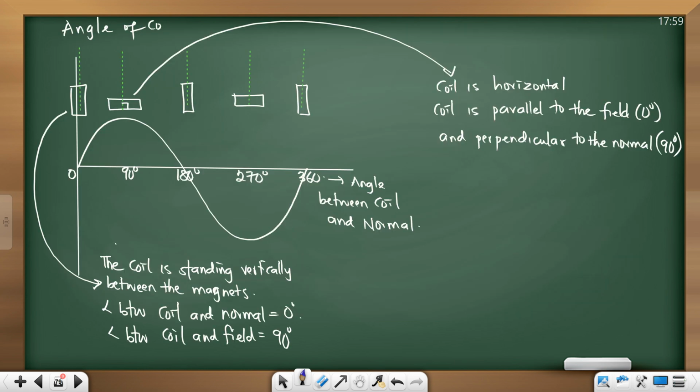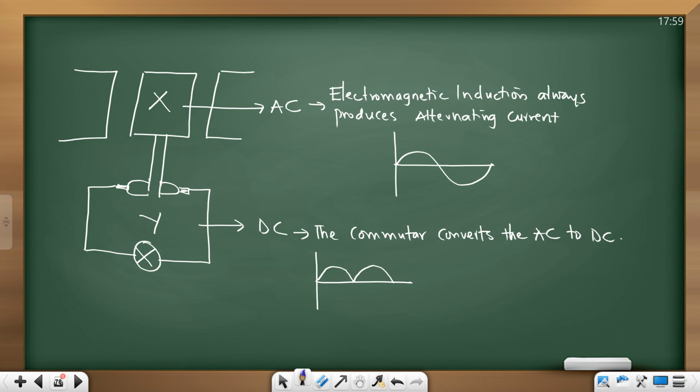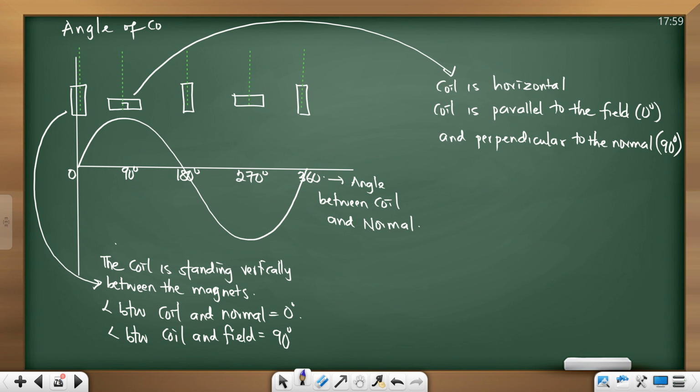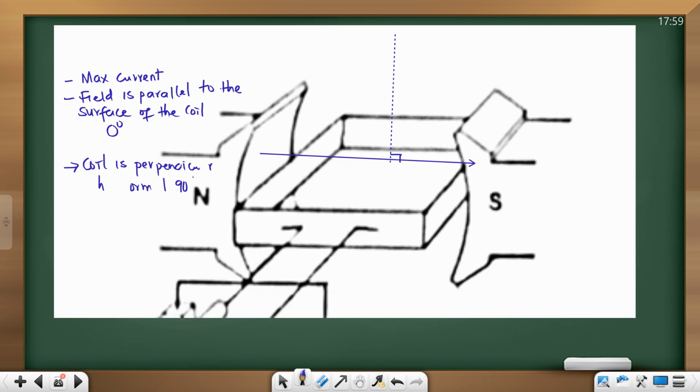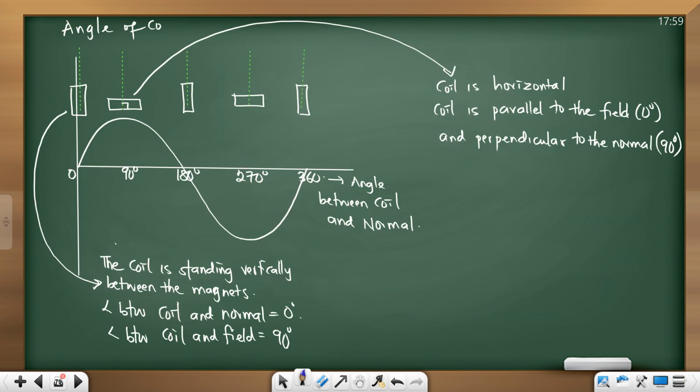Okay, you see the 90. Coil is horizontal. I don't know if it makes sense now, guys. Okay, you're writing this. Let's see. Are we good? Did it make sense? Let me see thumbs up, thumbs down.